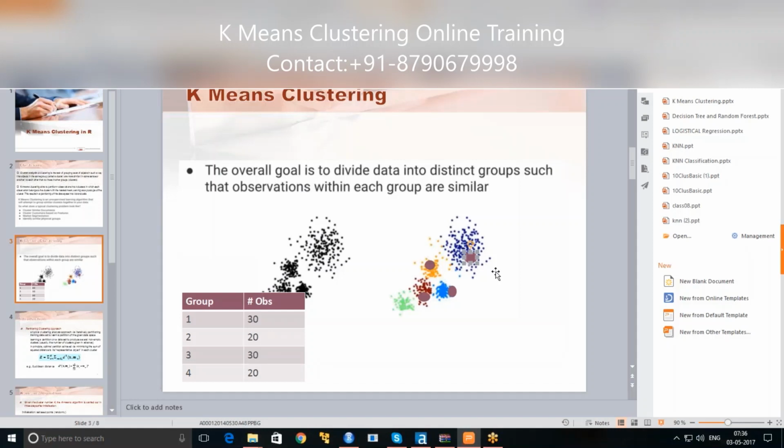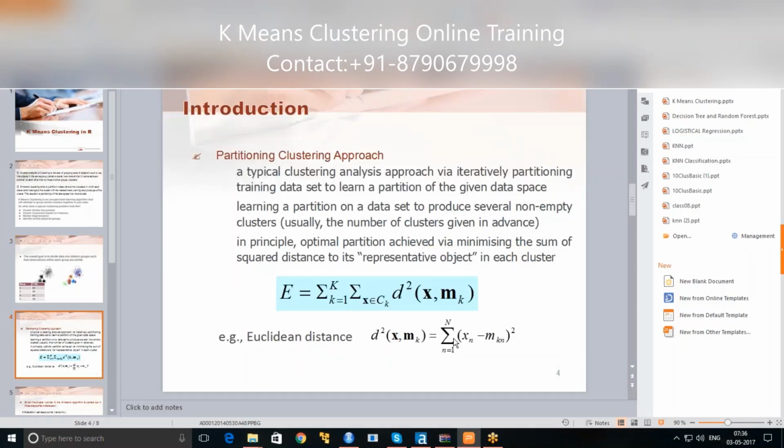Again it starts the process of finding the distance, sorting, and finding the new means. It does this many times until there is no movement of points within the clusters. At this point K-means clustering stops, and that's the perfect split of the points between the clusters.